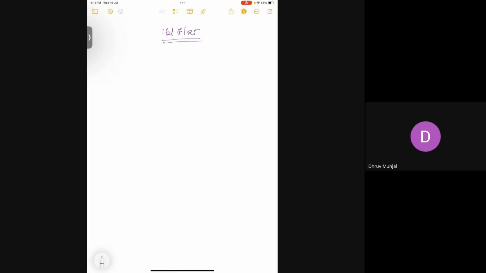G equals K(s plus 3)(s plus 5) over (s minus 2)(s minus 4).